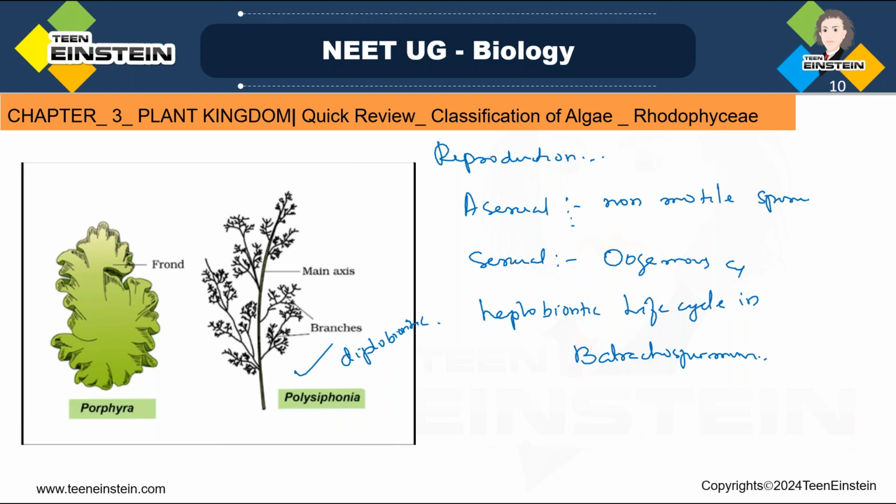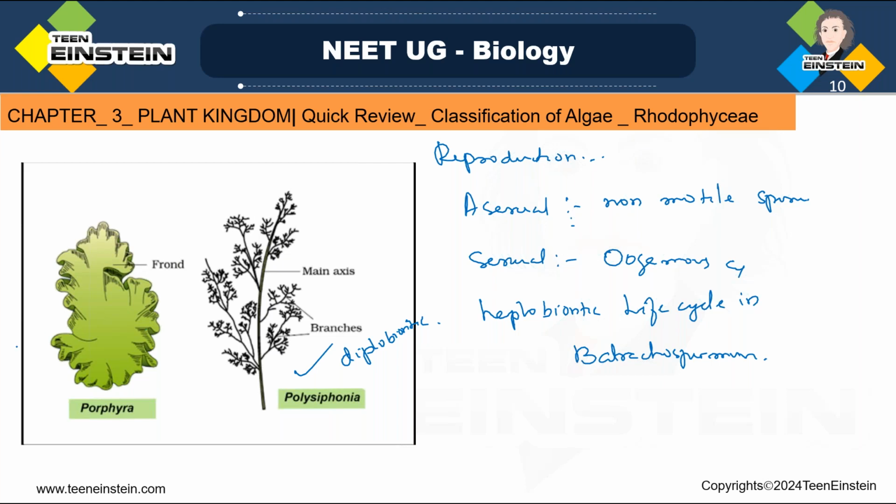Okay, so here we have learned about the algae. Algae are divided into chlorophyceae, phaeophyceae and rhodophyceae. For rhodophyceae, or red algae, we need to tell the economic importance. Like Harveyella, which is a colorless parasitic algae that remains as a parasite on other algae.